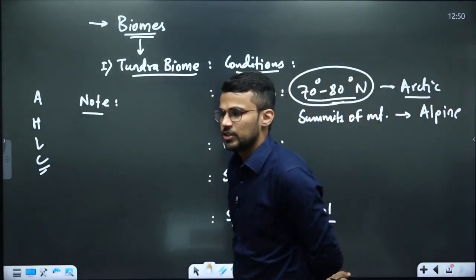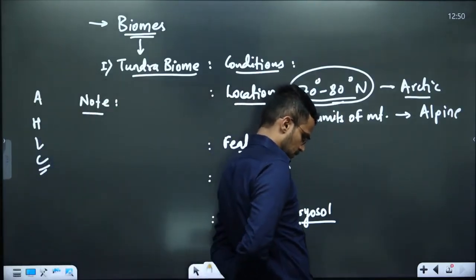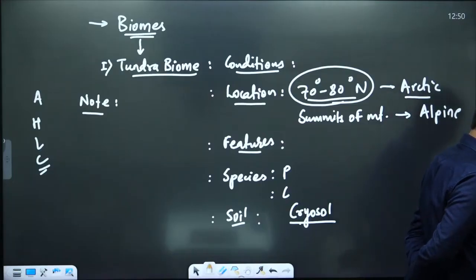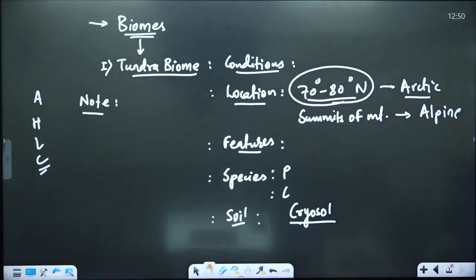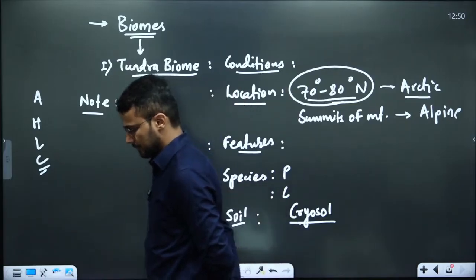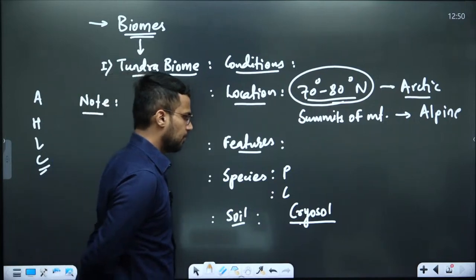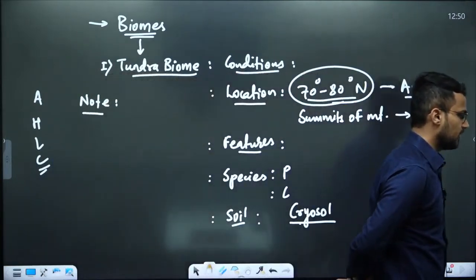In southern hemisphere, tundra biome is poorly developed and present in a very sparse manner.